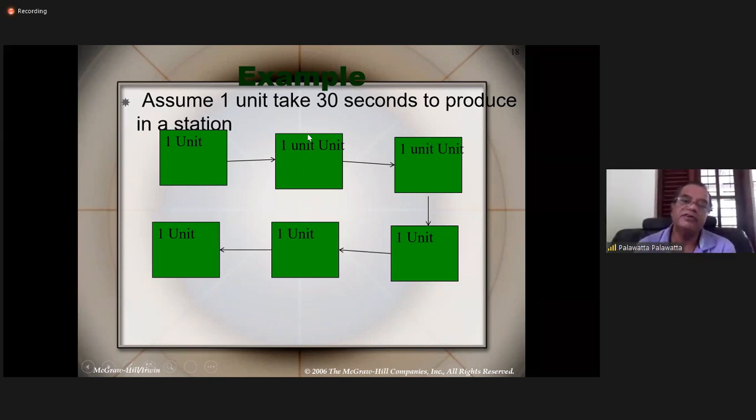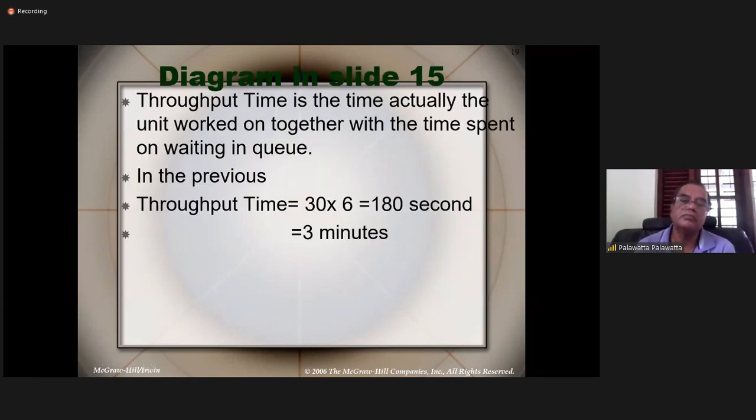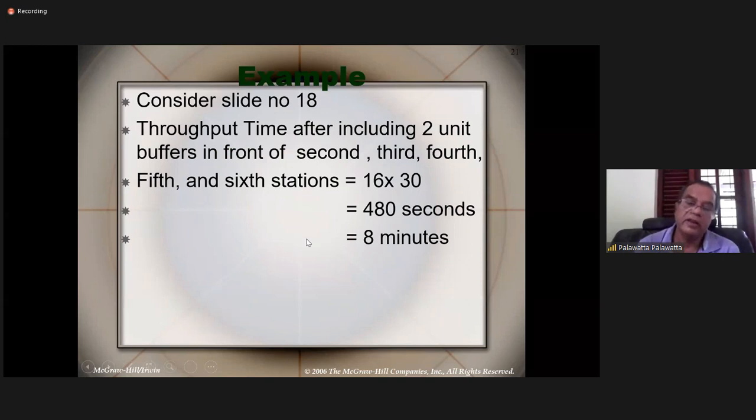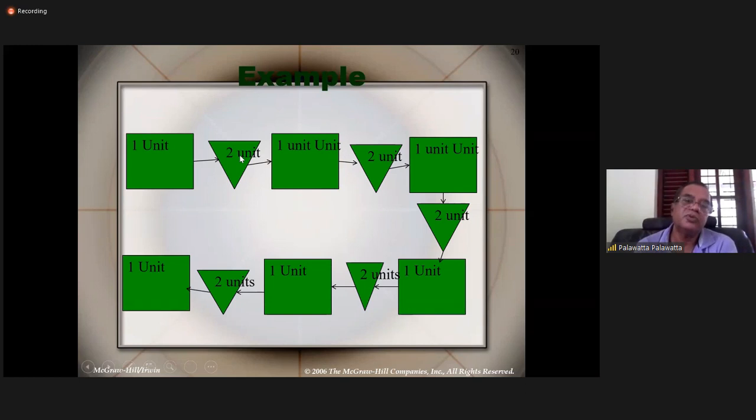And then with the buffers, there are buffers, 2 minutes each, 1, 2, 3, 4, 10 minutes. When a new order comes, it is completed after 8 minutes. We calculated this 8 minutes this way. You see, the buffer units also have to be processed.